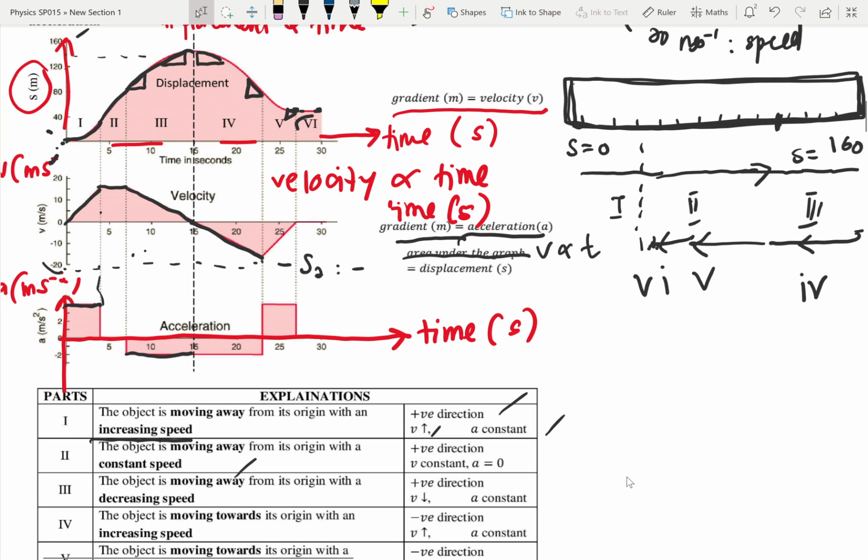Like I mentioned earlier, the negative sign here is meant for direction, move to the left.